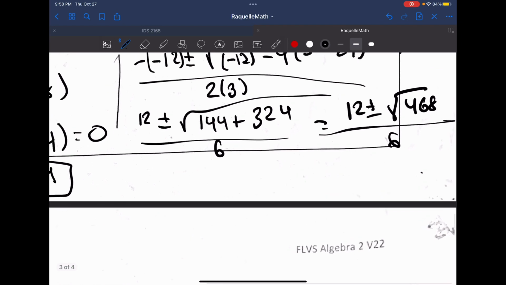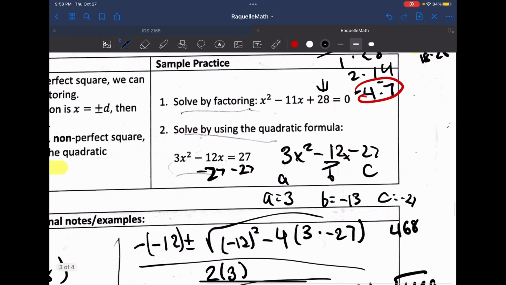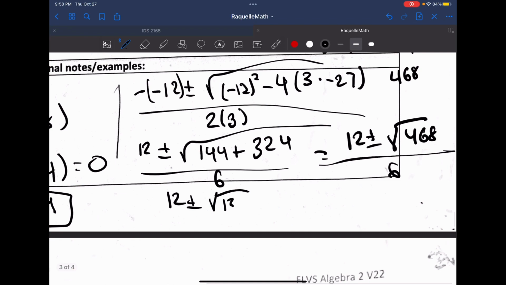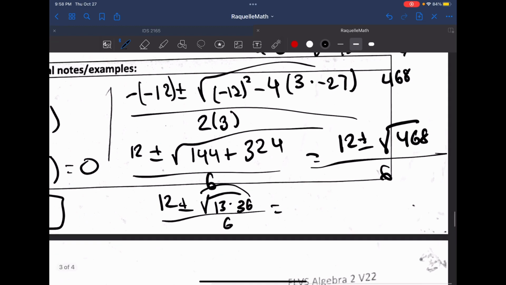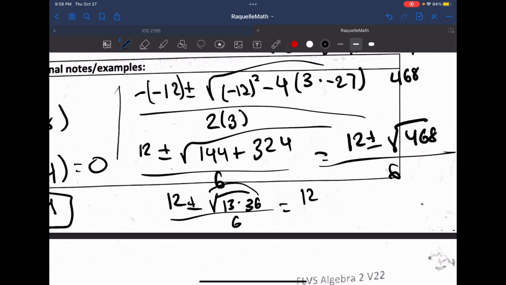So we do 12 plus or minus, and since we know that this is the square root of 13 times 36, divided by 6, we can take this 36 and move it outside once we take the square root of it. So 12 plus or minus, and the square root of 36 is 6, and then we leave 13.